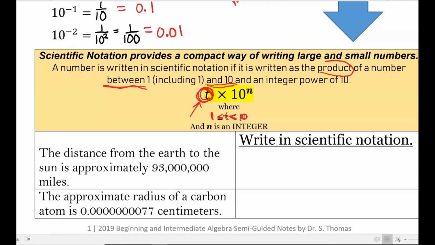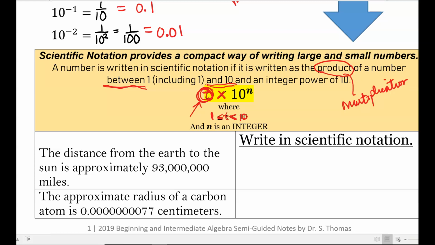Product in math refers to multiplication. So all they're saying is you have some number T that's between 1 and 10. It can be 1, but less than 10, times, that's where the product comes from, times 10 to the n.